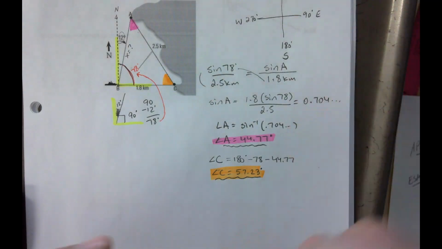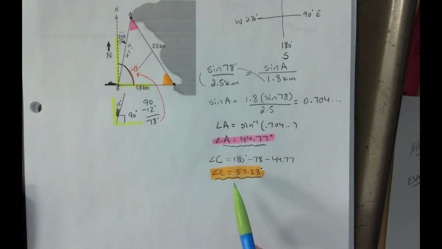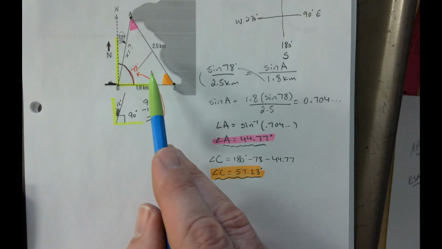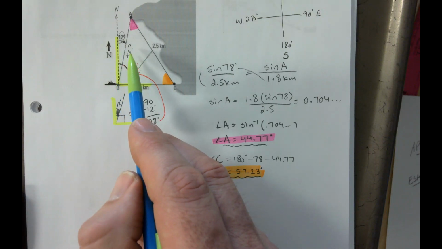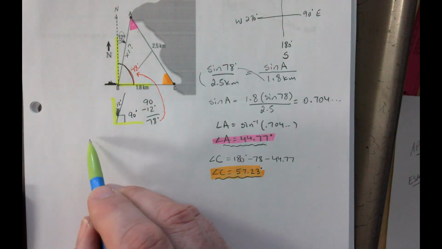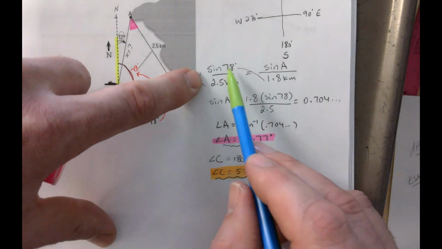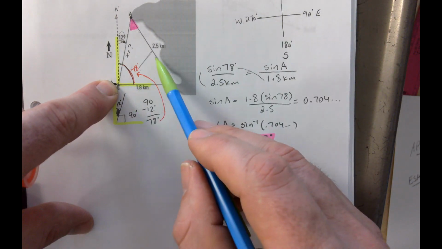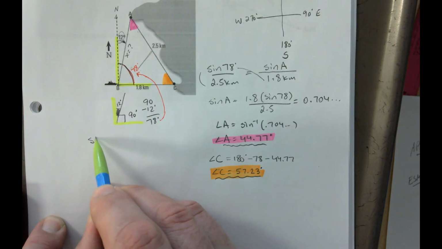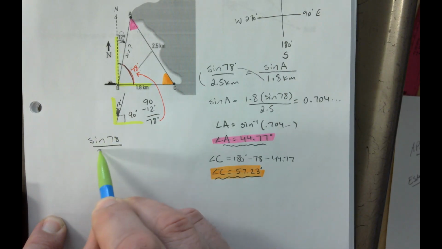I'm going to be honest, there's a lot of stuff happening here. That is fine. You might have to sit down and just try it. So now that I have this angle, I'm ready now. You need to have the angle to solve for side x. So let's do that. I'm going to start with the same pair I started with earlier. Sine of 78 over 2.5 kilometers.